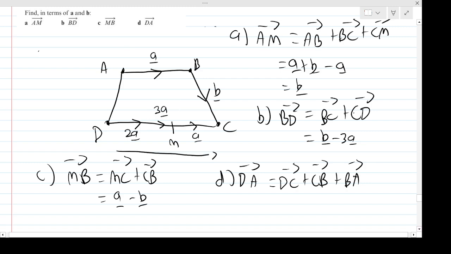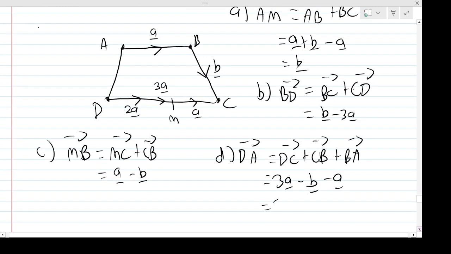Then from C to B: B to C is positive b, so C to B the other way is minus b. And then B to A: A to B is a, so B to A the other way around has to be negative a. Then I can collect the a terms to simplify: 3a minus a is 2a minus b, and there we are.